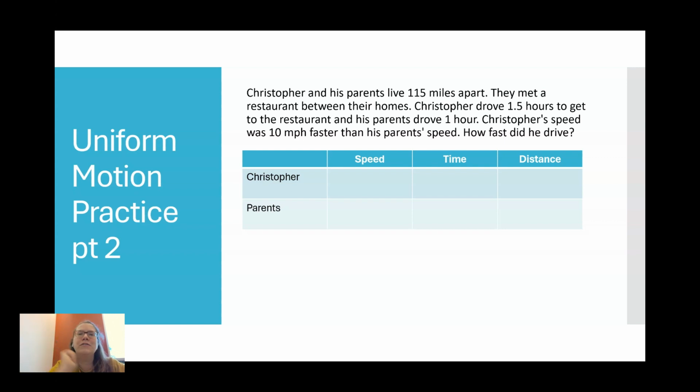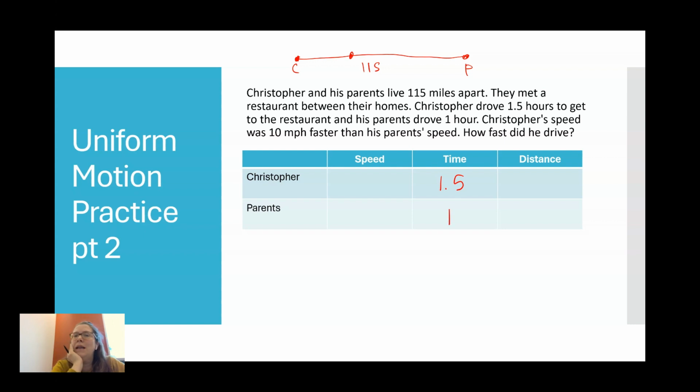All right. Christopher and his parents live 115 miles apart. I'm going to start with a picture. We've got Christopher, we've got his parents, they're 115 miles apart. They meet at a restaurant in between their homes, so somewhere in here, who knows. Christopher drove 1.5 hours to get to the restaurant, and his parents drove 1 hour.